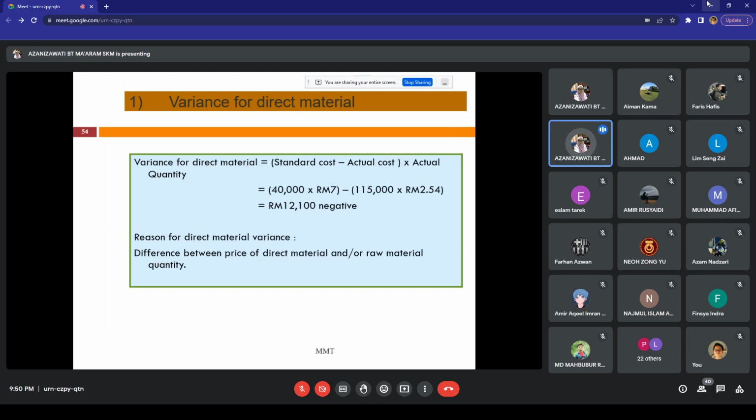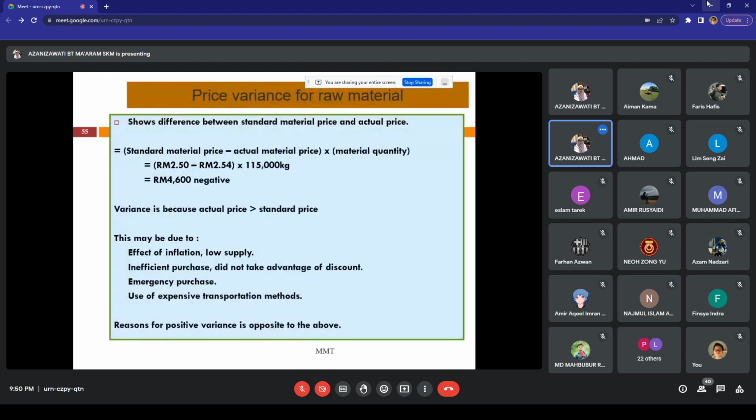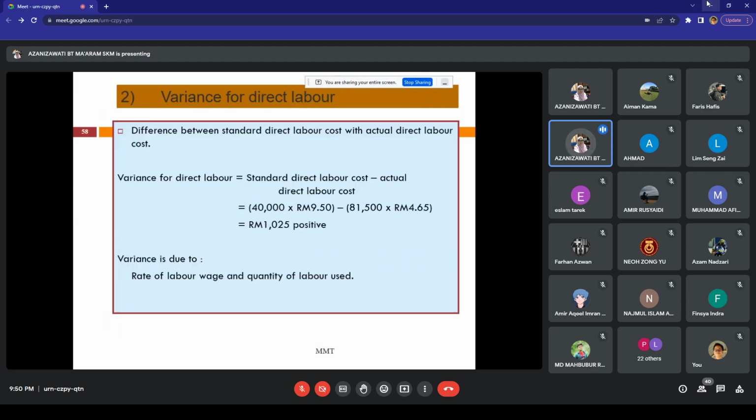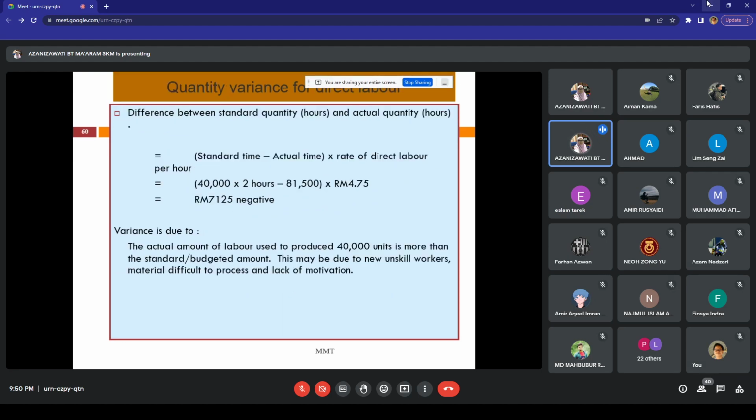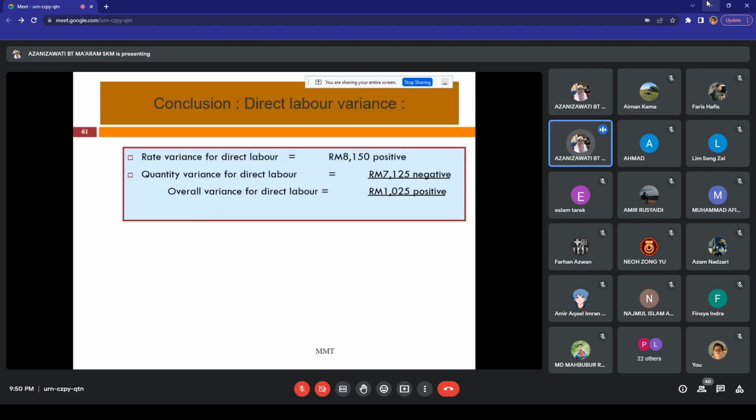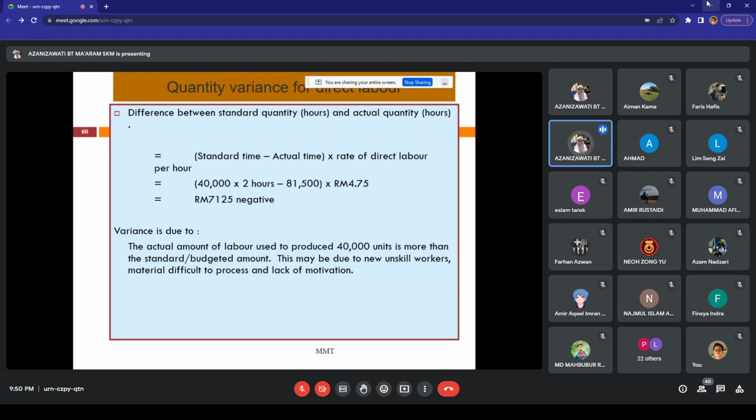So you can see, because the cases that they provide here are very straightforward. But in the case study, you have to see what we call the microeconomy happening to the company or to the environment.